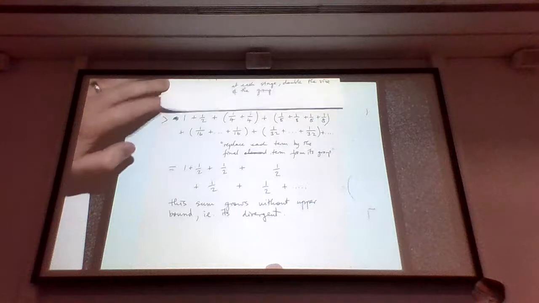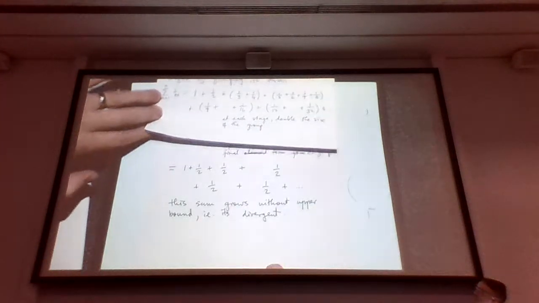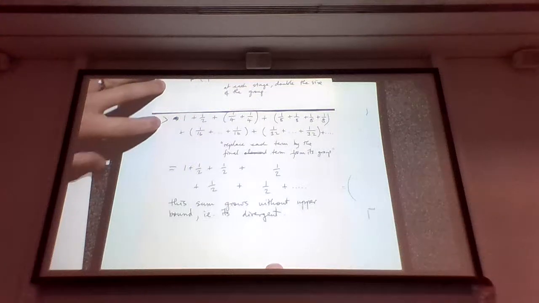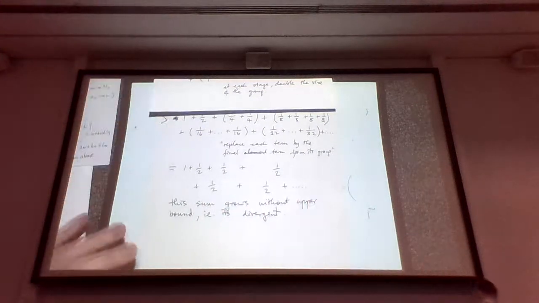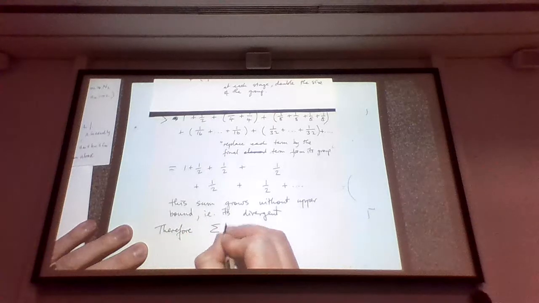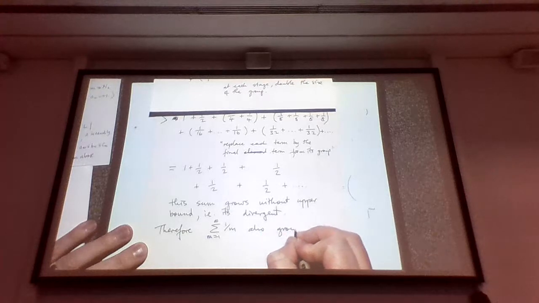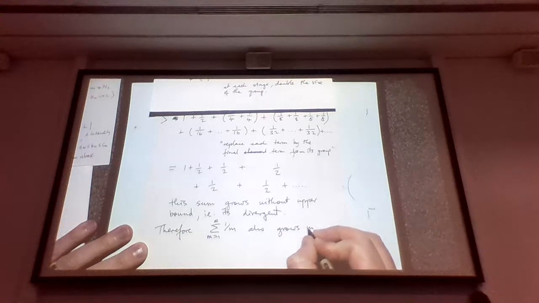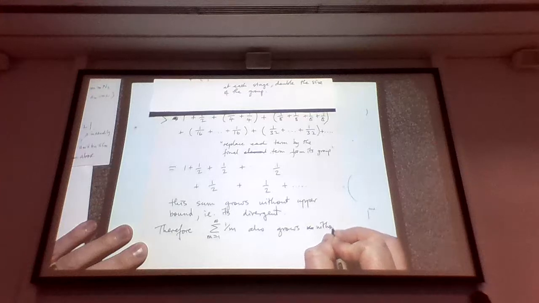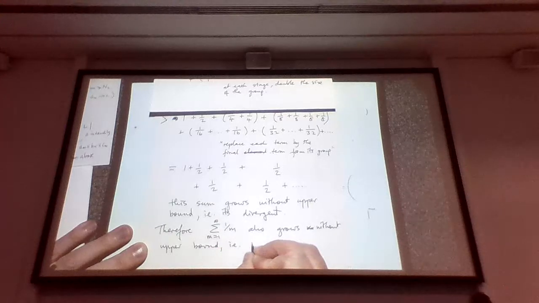And since the series we were interested in, the sum of the terms 1 over n, is always bigger than this series, it also grows without upper bound, i.e., it's divergent.